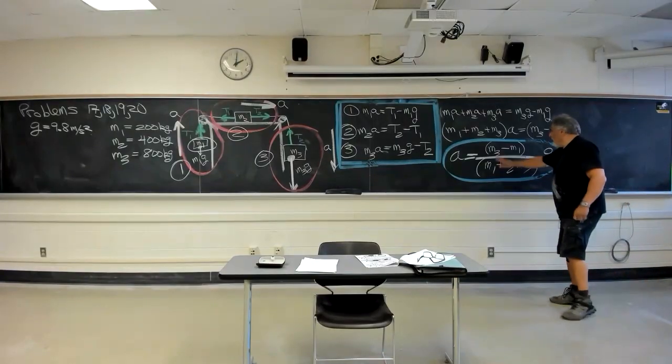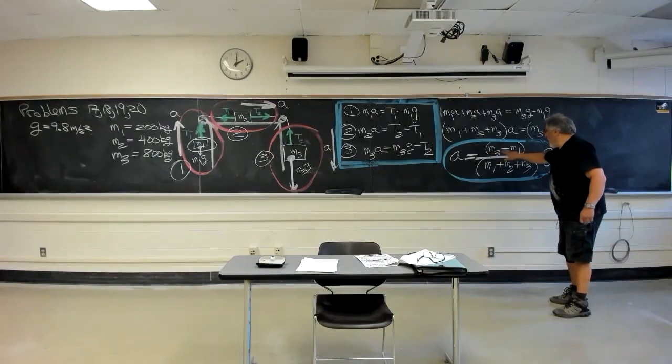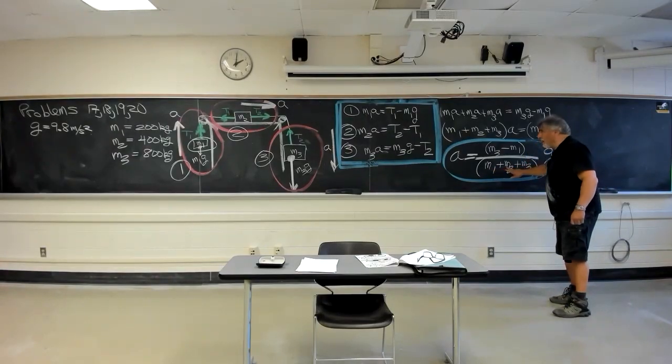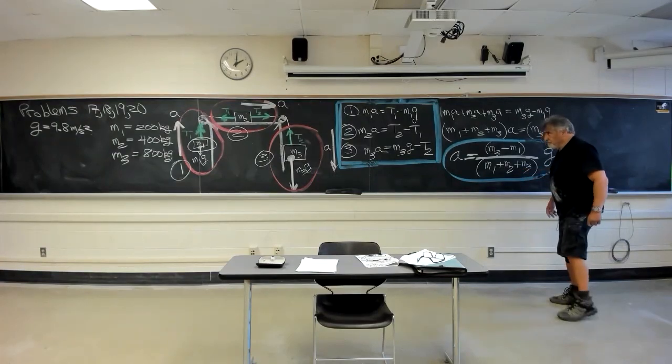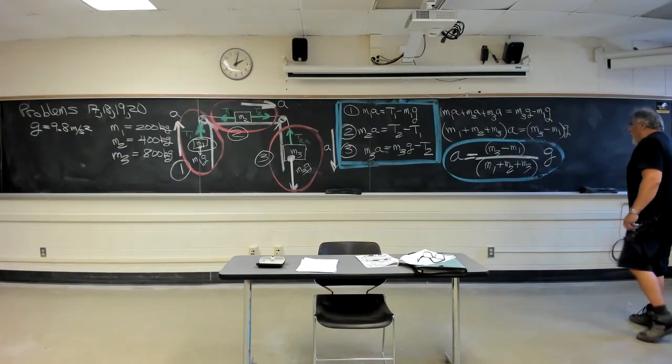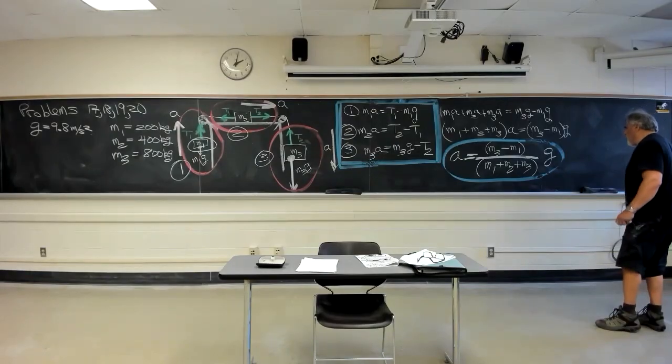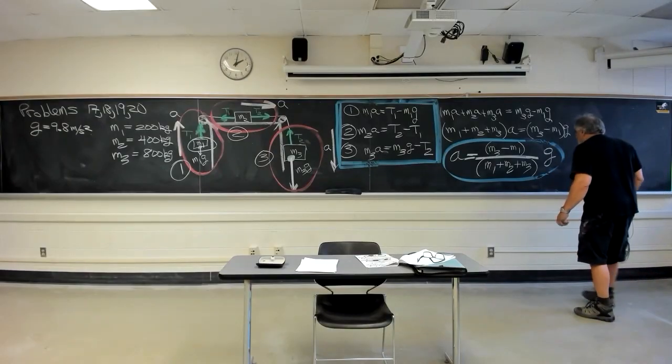M3 is 800. M1 is 200. 800 minus 200 is 600. 200 plus 400 plus 800 is 1400. 600 divided by 1400 is 6 divided by 14, which is 3 divided by 7.